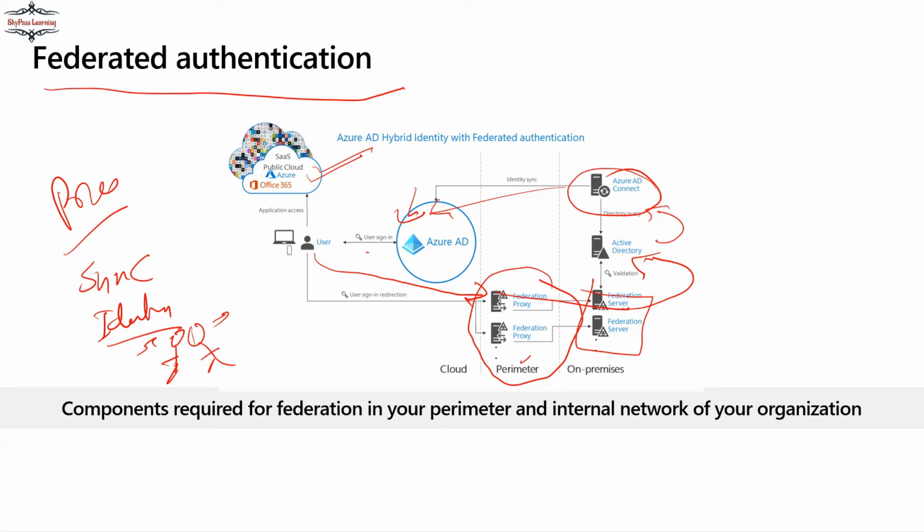Once the authentication is successful, a confirmation token is sent back, and then the user is able to access the resources. So as step number one, the user sends a request to Azure AD. This will basically redirect your request to on-prem, or we can say your ADFS server.